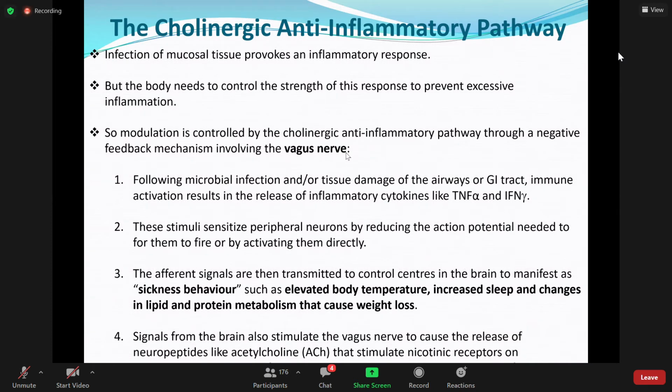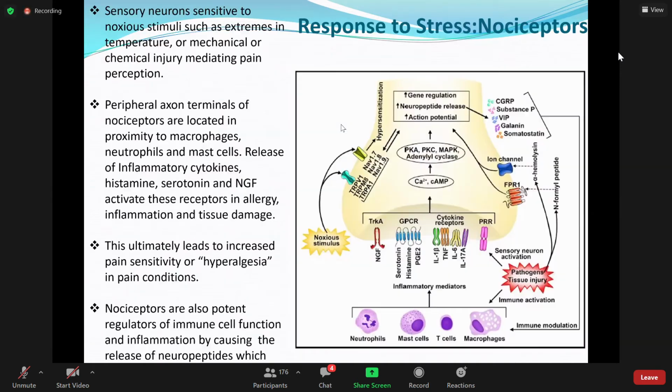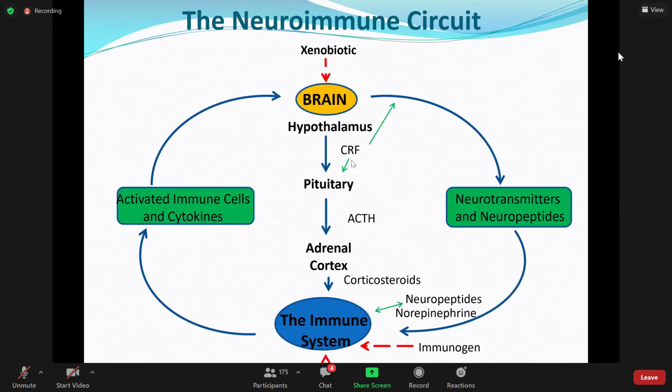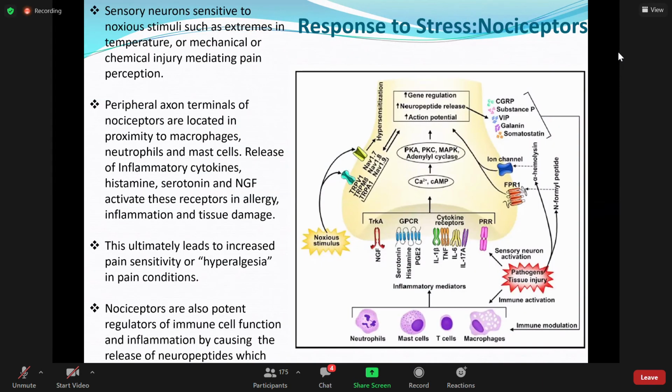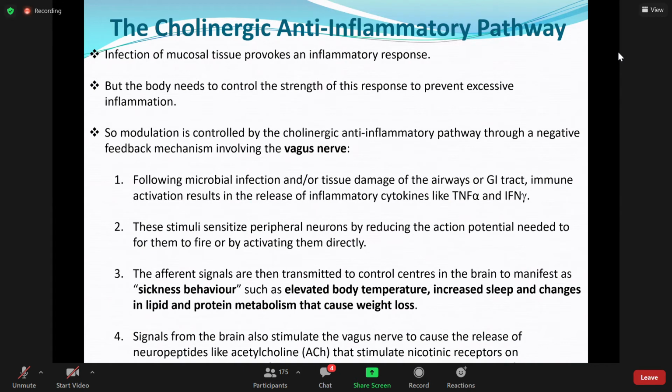So imagine if you have a respiratory infection with, say, flu or COVID-19, and you experience all the symptoms of the infection, such as tiredness, loss of appetite, fever, etc. This behavior is known as sickness behavior, and it's due to the inflammatory cytokines released by the immunoreactive cells, which then act on the brain to stimulate the vagus nerve, and the efferent signals from the vagus nerve then stimulate the parasympathetic nervous system to dampen the immune response to prevent excess damage to mucosal tissue.